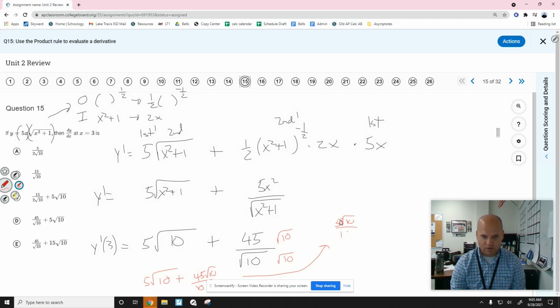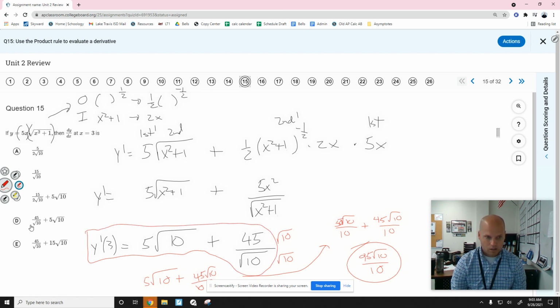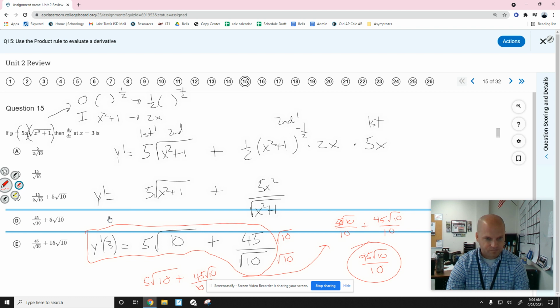So it's 50 over 10 plus 45 root 10 over 10. Maybe you need to turn this into 95 root 10 over 10. Like, that's another answer. But when you get your answer, look, hopefully you see it, boom, you're done. Don't simplify unless you have to. I didn't have to do all this stuff in red. So my answer's right there.